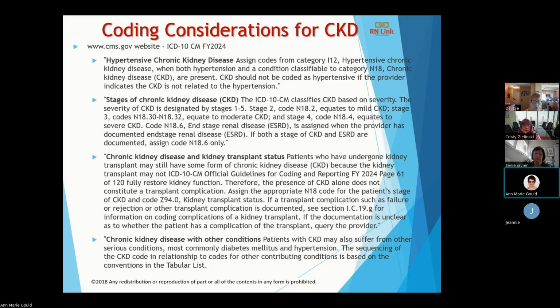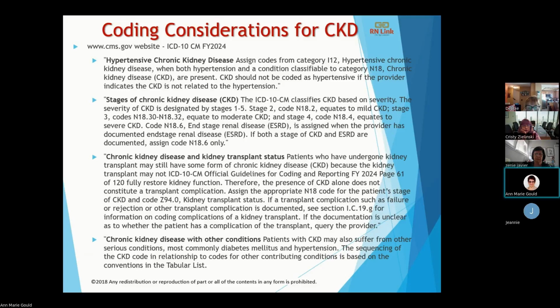So if both the stage of CKD and end-stage renal disease are documented, you only assign what? Your end-stage renal disease code. You don't assign a CKD stage because you assign the highest level of severity, and that'll be your N18.6, which is your end-stage renal disease. Now, this is coding rules, guys.